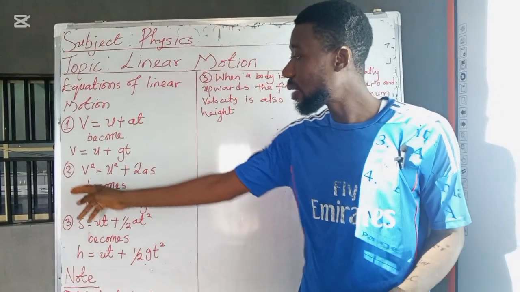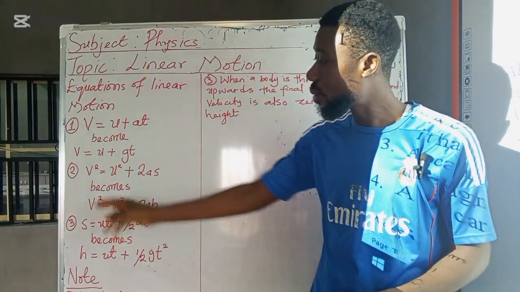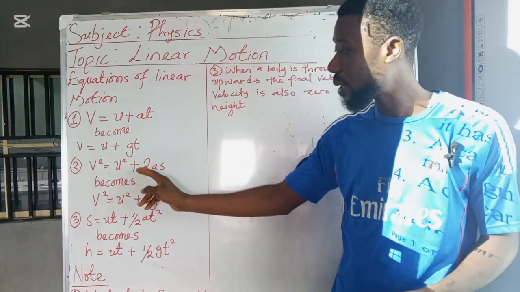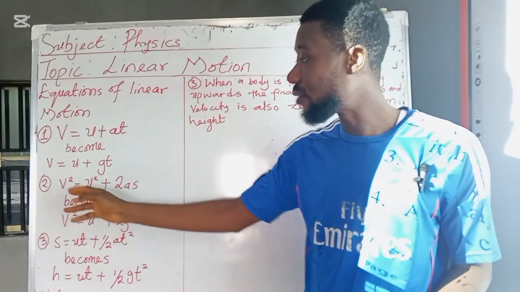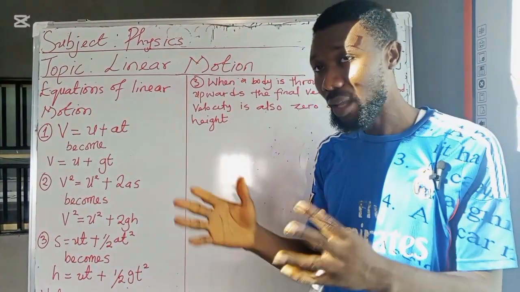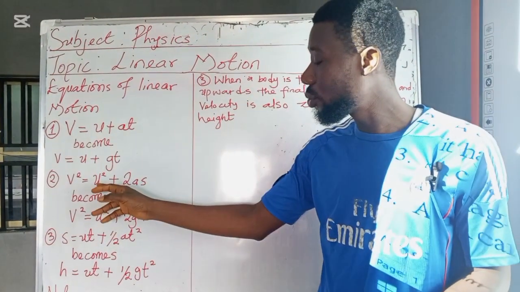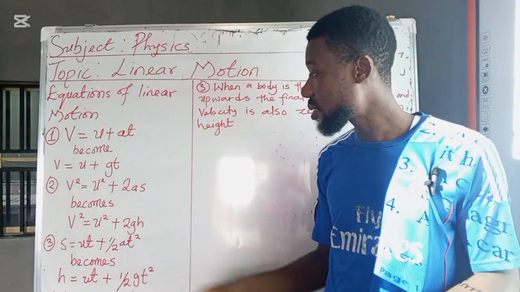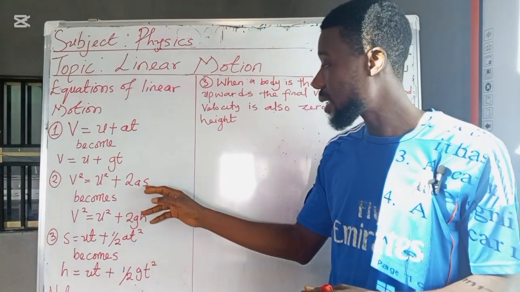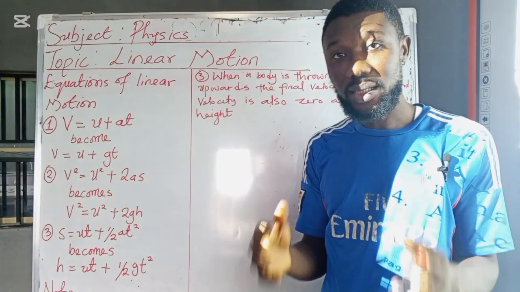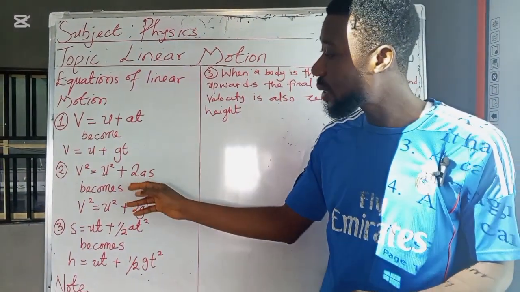Now looking at equation 2, we have v squared equals u squared plus 2as. Of course we all know by now that v means final velocity, u means initial velocity, a means acceleration, and the s here means distance.